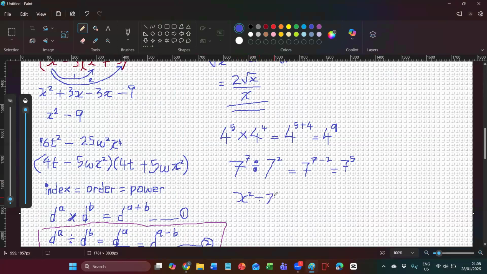So that's going to be x raised to the power of 2 minus 5, right? And 2 minus 5 is what? 3. I mean, no, no, no. It'll be minus 3. Please don't forget, it's x raised to the power of 2 minus 5.